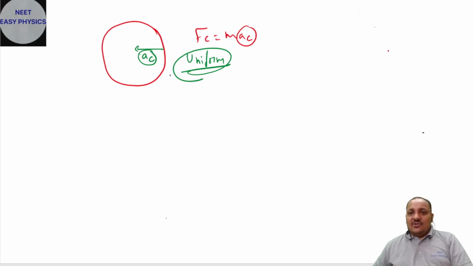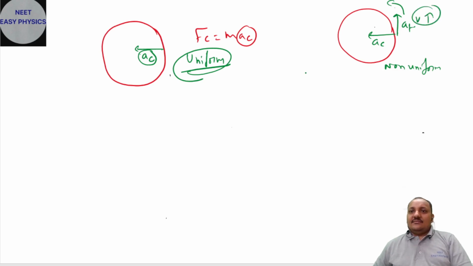If it is non-uniform, both centripetal acceleration and, if the object is moving anti-clockwise and velocity increases, tangential acceleration. Because in non-uniform its value is going to be increasing. Uniform means it is constant, therefore no tangential acceleration.